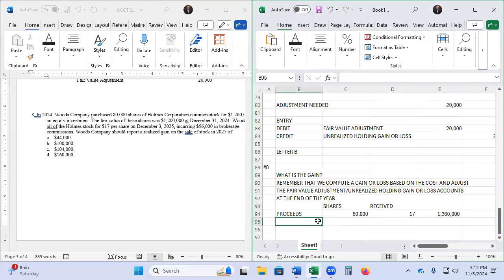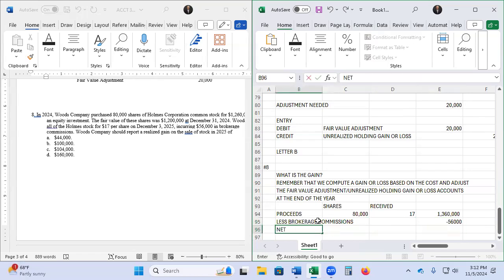But we have to subtract, less it's commissions or fees. Brokerage commissions. And so that's minus 56,000.